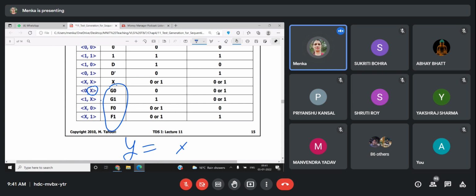So to address that, G0, G1, F0, F1 is going to support us to reach the fault to the output faster.